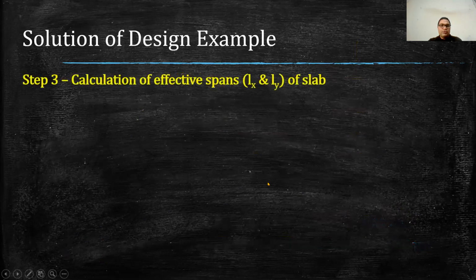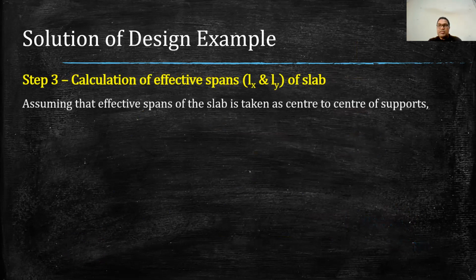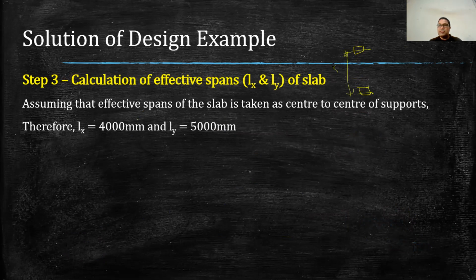Now our next step is to find out the effective span. And you can see in the plan, we have seen that column center to center distance is defined, like this distance was defined there. So say this is 5 meter, and similarly if I make this remaining two column, so this distance is also defined there.